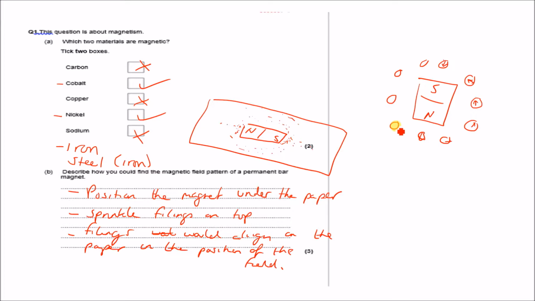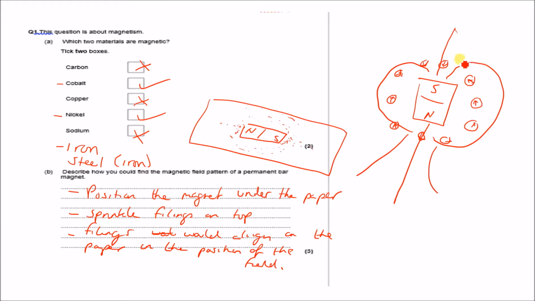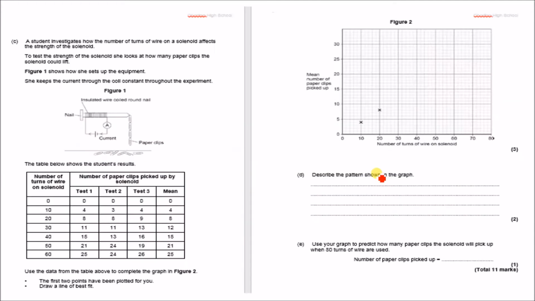So the compass needles would point towards the south pole and they would point away from the north pole, and they would align themselves again in the direction of the magnetic field. And remember, the magnetic field looks something like this. And it always goes to the south and away from the north. So an arrow here would go to the south and to the south pole.